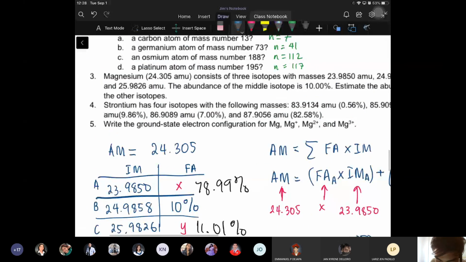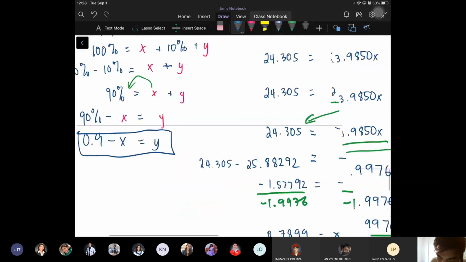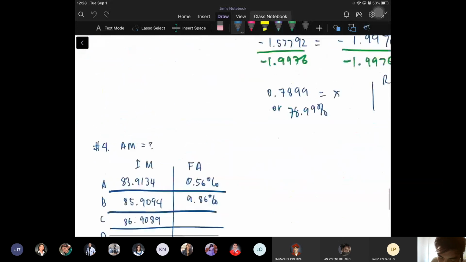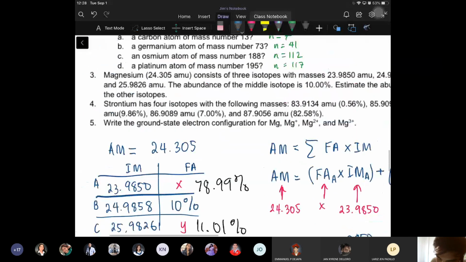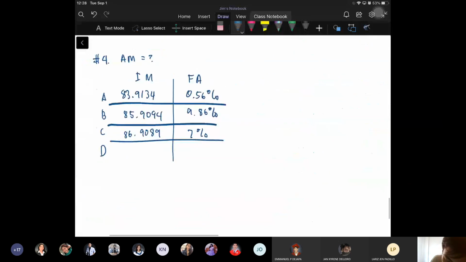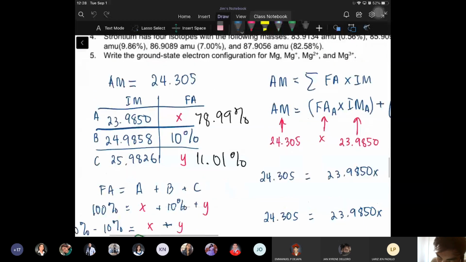Letter C, 86.9089 with 7%. And 87.9056 with 82.58%.